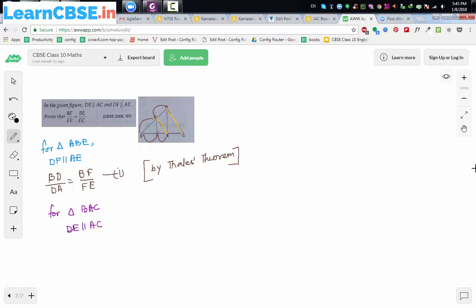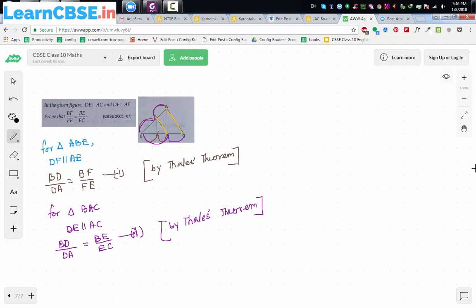So for the triangle BAC, DE is parallel with AC. So obviously by Thales theorem I can write BD by DA equals BE by EC. That's the second relation we are getting, and that's also by Thales theorem, or you can even write it as by BPT theorem.